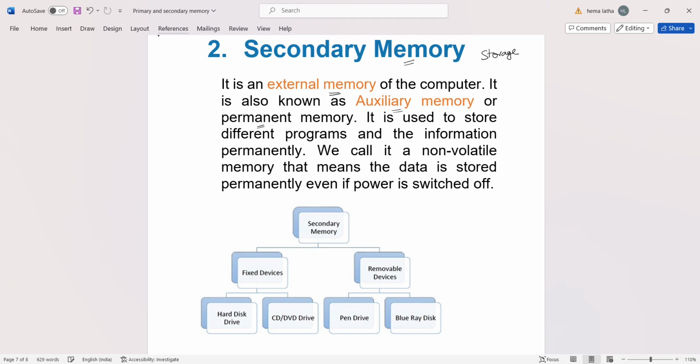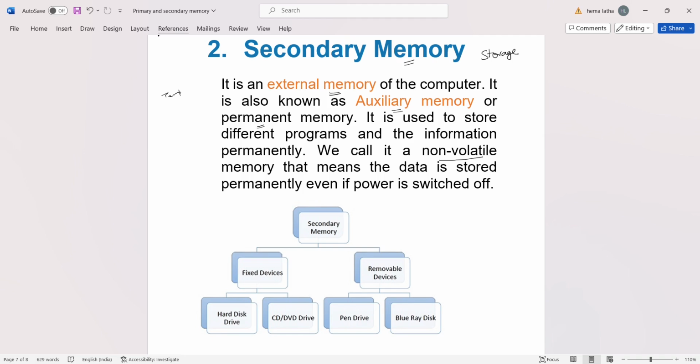In the previous case, primary memory is only temporarily stored, but this is for permanent usage. It can store different programs and different information permanently, and it is called non-volatile. Though the power is switched off, the information will not be lost; it will be stored permanently.